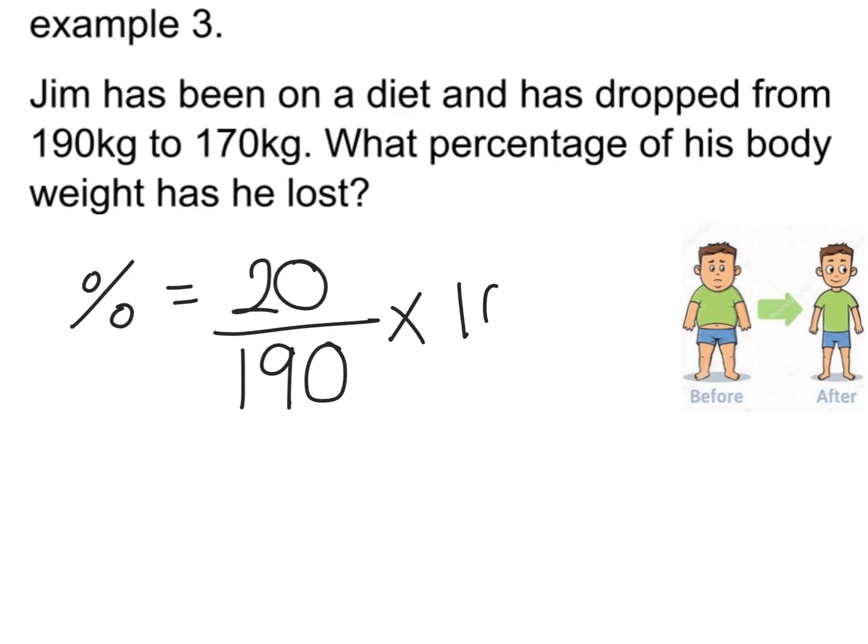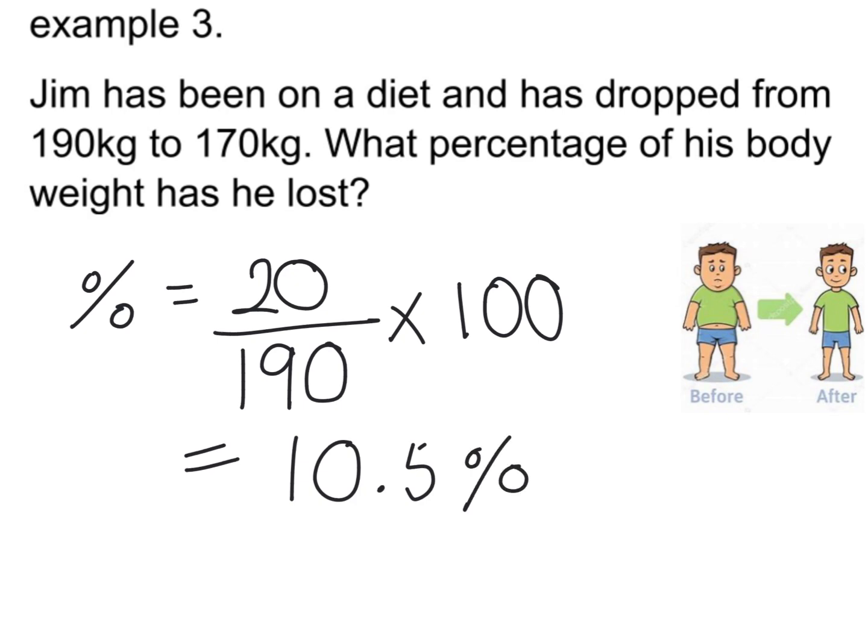So I'm going to do top divided by bottom times 100, and type that into my calculator, and it gives me 10.526315. You could either say that was 10.5%, or you could round it to 11%. It hasn't specified in the question. So I think I'm going to leave this one as 10.5%. But he would be telling all his friends he's lost 11% body weight, wouldn't he? So I'm going to leave it as 10.5%.